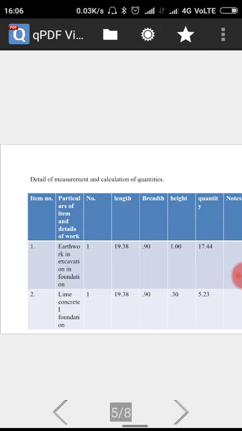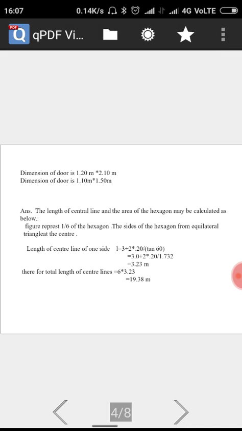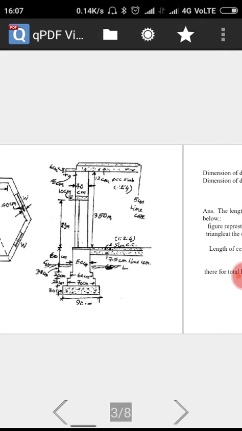First, earthwork in excavation in foundation. Earthwork is done below ground level. The width is 0.90 meter.